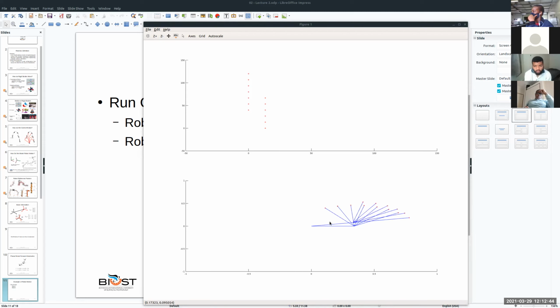Link 1 is steady because joint 1 remains at 10 degrees, and then joint 2 sweeps from 0 to around 160, like a fan.